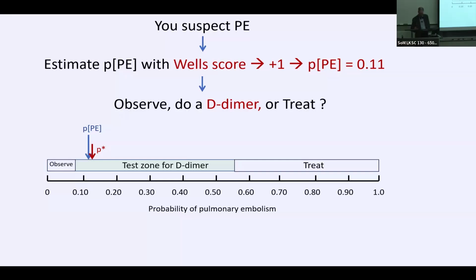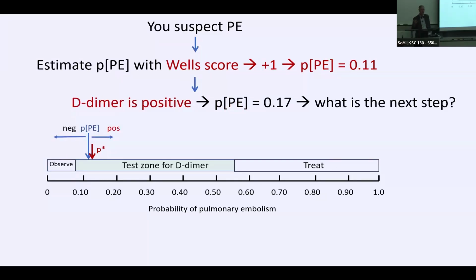So the probability is in the test zone, so you should be doing a D-dimer. After all, if it's negative, the probability is going to be hopefully low enough so you really can tell the patient to call me if you're not better in the morning.